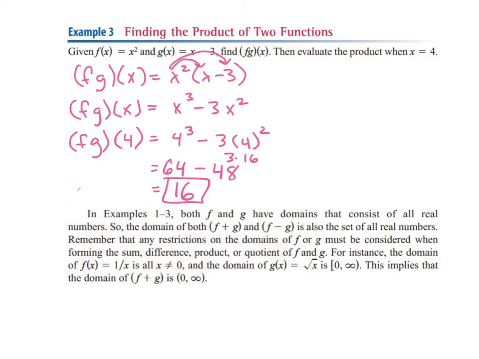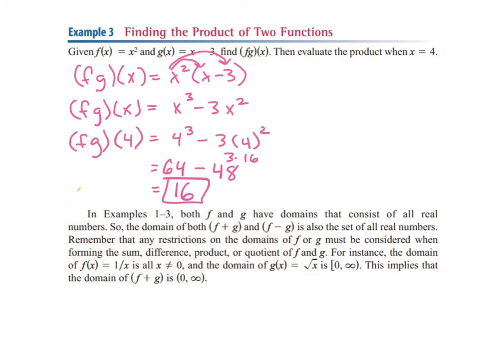So in examples 1 through 3, both f and g have domains that consist of all real numbers. So the domain of both f plus g and f minus g is also the set of all real numbers. Remember that any restrictions on the domain of f or g must be considered when forming the sum, difference, product, or quotient of f and g.